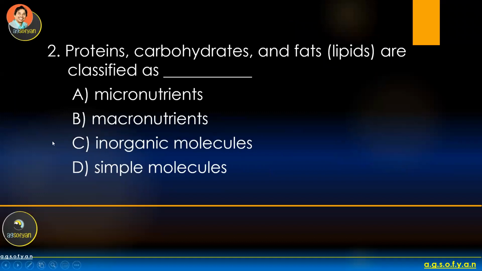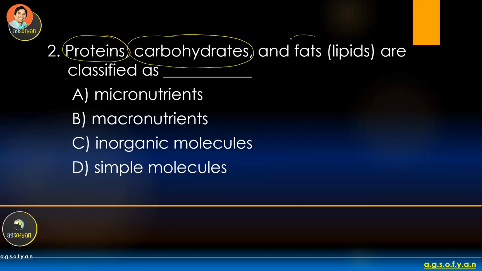Okay, the next one. Proteins, carbohydrates, and fats or lipids are classified as A, B, C, or D. So these substances are usually the ones that we eat. We eat meat, which has a lot of proteins. We eat bread, pizza, rice, and there are a lot of carbohydrates in them.